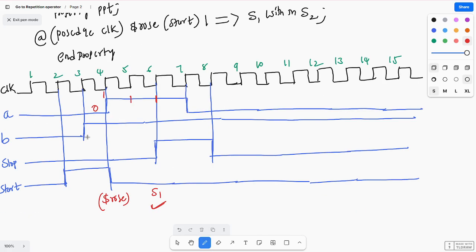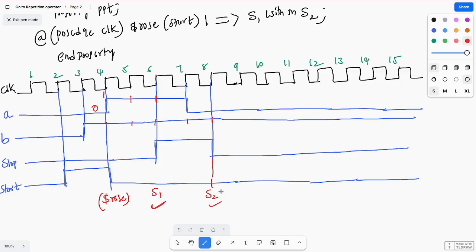Here it will start: first cycle, second cycle, third cycle, and fourth cycle. At the fourth cycle, S2 is checking for B. So B is also 1, so that means S2 is also pass.